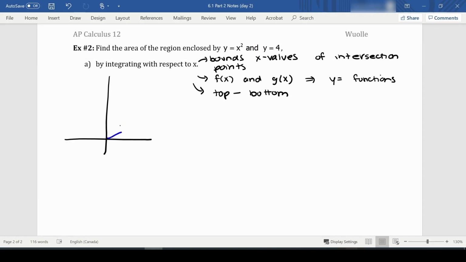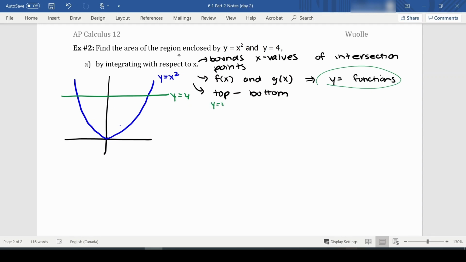So let's draw these. We have y equals x squared, and we have y equals 4. So our two functions are already as y equals functions. We're good with that. We're going to be doing top minus bottom.